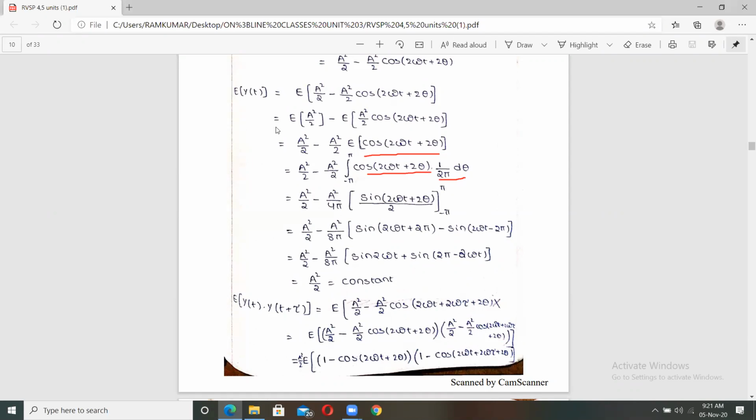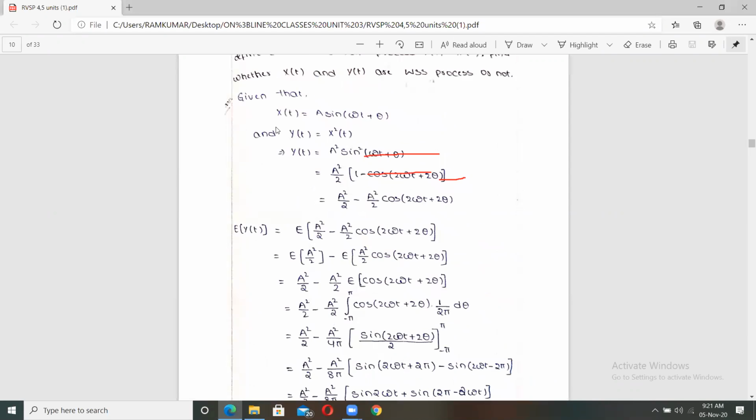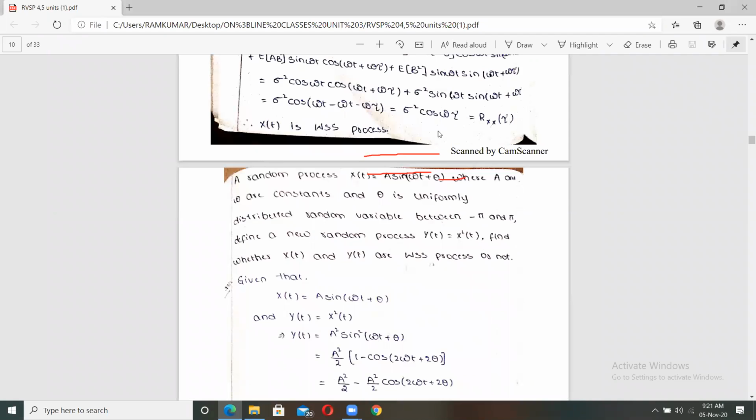Here, the problem has given theta is uniformly distributed random variable, right? That means theta comes under uniform distribution, and also between the limits minus pi and pi. Then what is the value of f of theta?